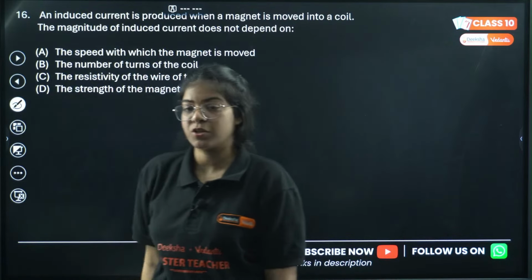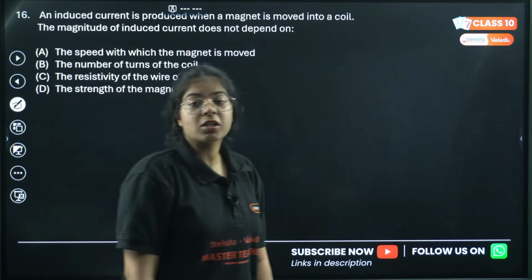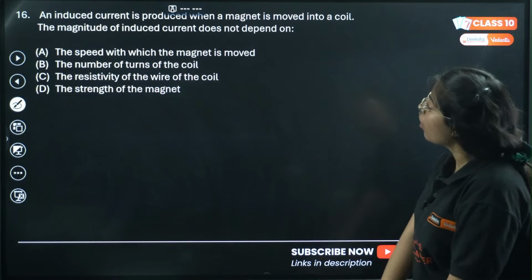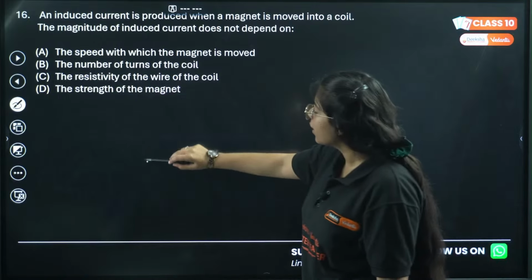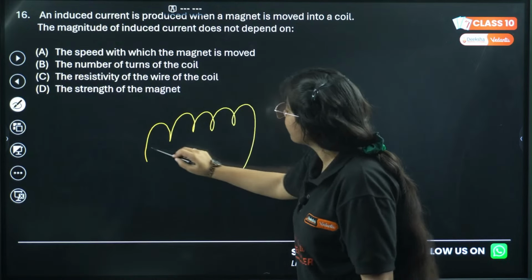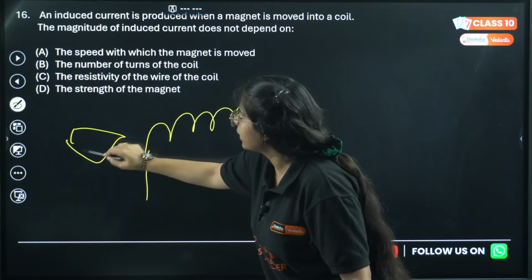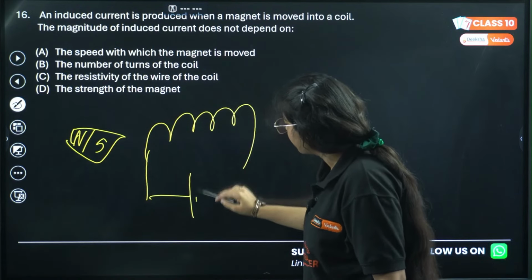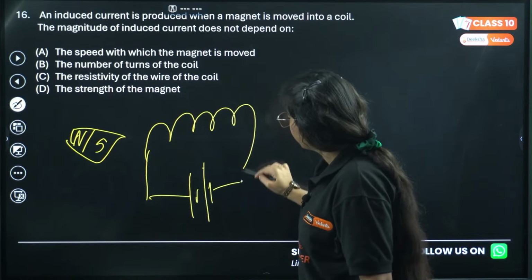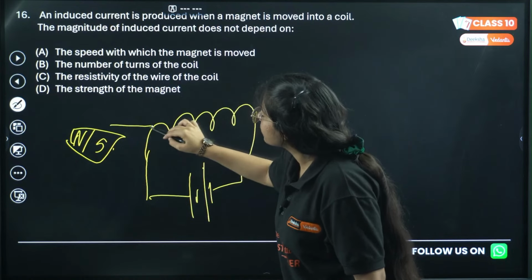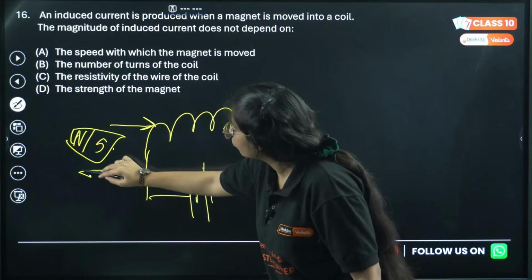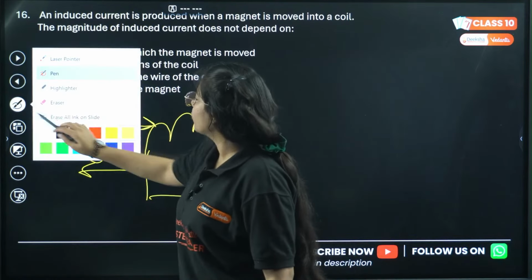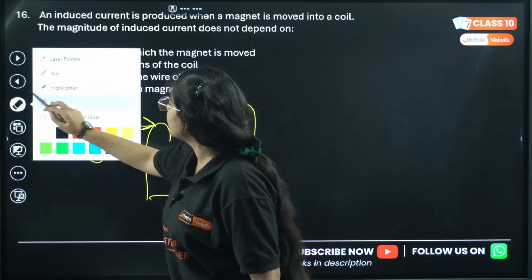Okay, 16th question. An induced current is produced when a magnet is moved into a coil. There is a coil and we have a magnet, let's say a bar magnet, north. That is the most hideous diagram ever. We are moving this magnet into the coil.